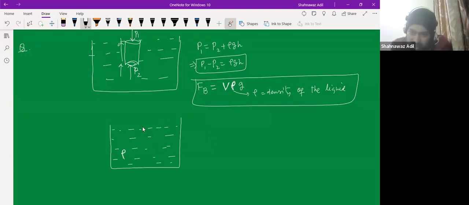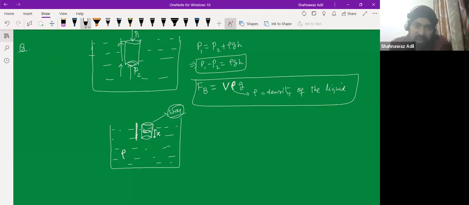So if you immerse this cork, and this is a cylindrical shape cork, and let's say you immerse it by x distance. Then you have to show that this cork will move up and down.